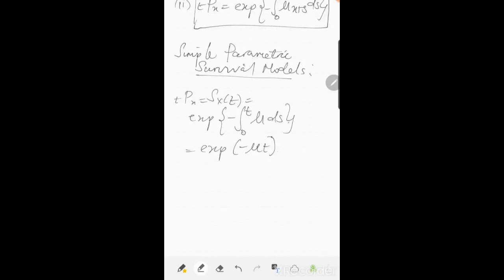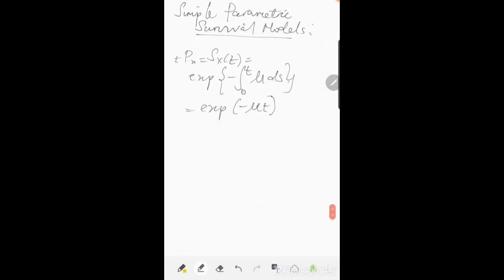So the random variable denoting the future lifetime has a distribution function expressed in a small number of parameters. If you have a small number of parameters in a question, then simply apply the parametric survival model formula. So we have a question, which is 7.12.